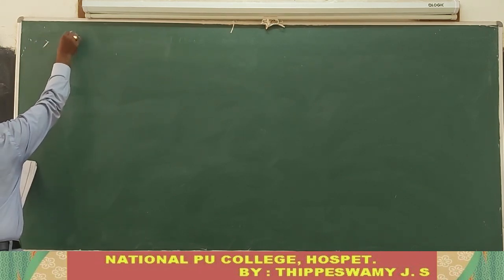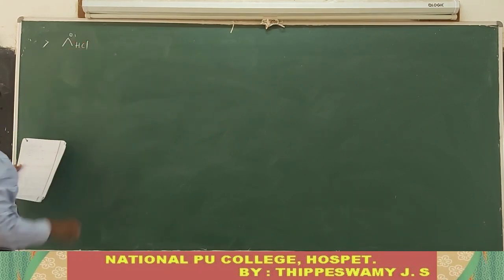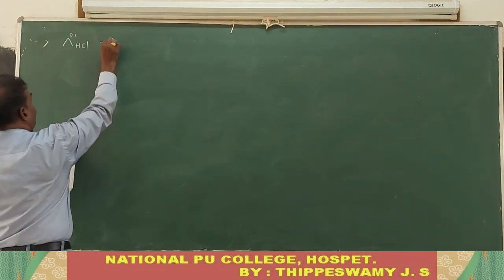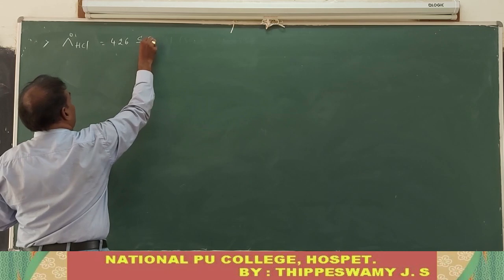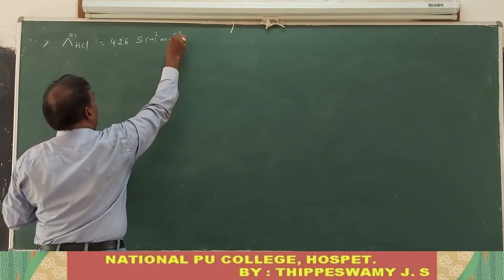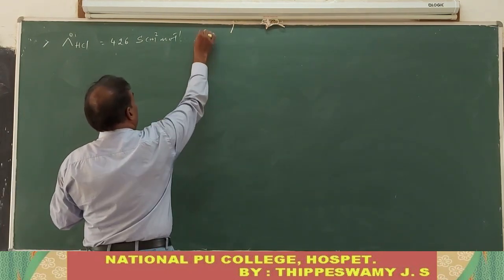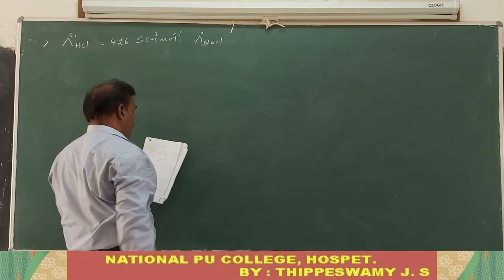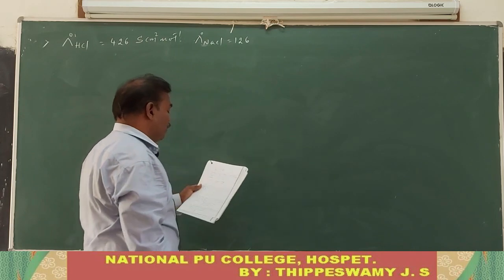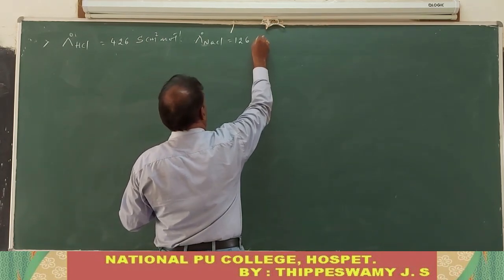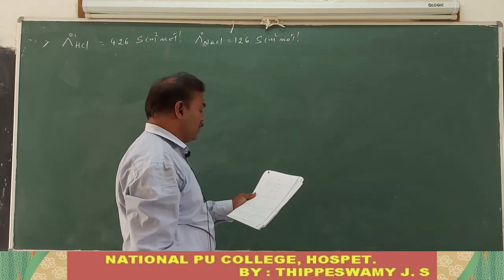Limiting molar conductivity of HCl, hydrochloric acid, is 426 Siemens centimeter square per mole. Limiting molar conductivity of NaCl will be equal to 126 Siemens centimeter square per mole.